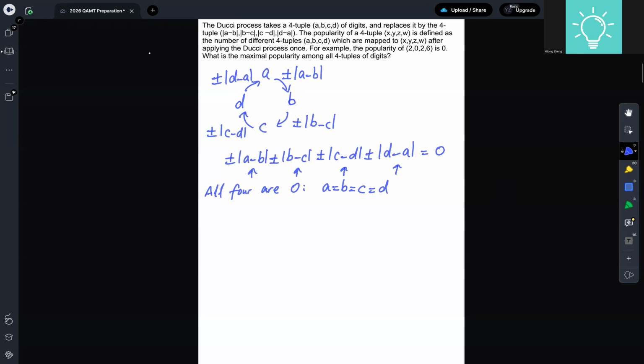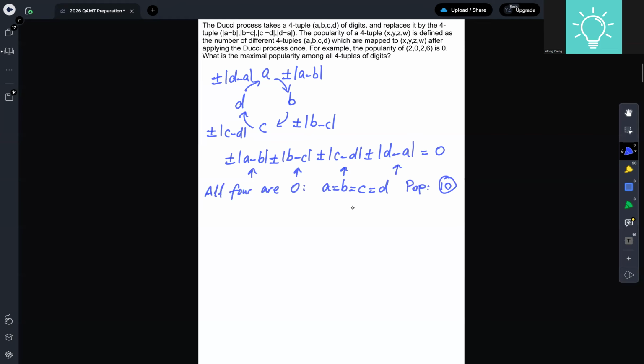So what is the popularity of 0, 0, 0, 0? I'm just going to write pop. It's going to be 10, right? Because 0, 0, 0, 0, 1, 1, 1, 1, all the way up to 9, 9, 9, 9. They all get mapped to 0, 0, 0, 0. Okay.